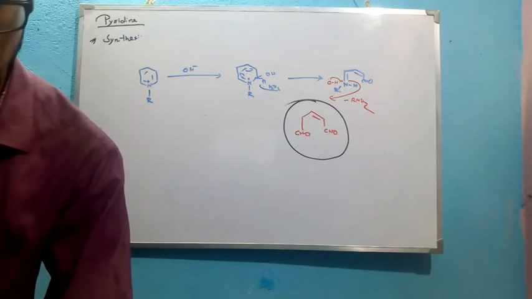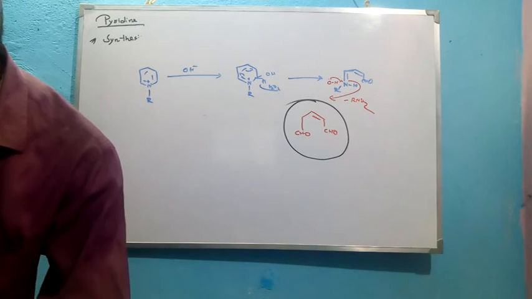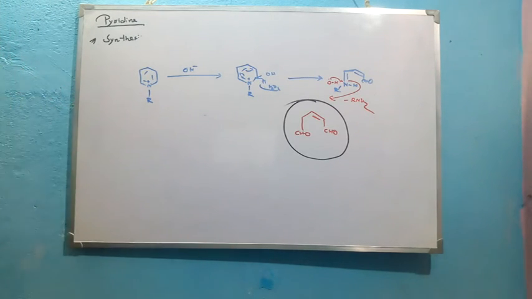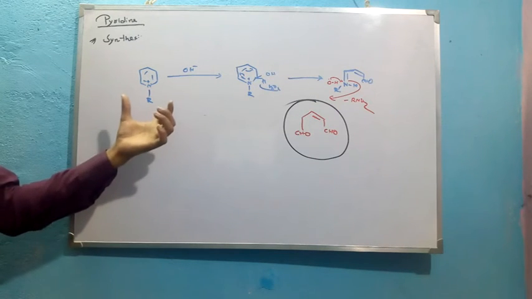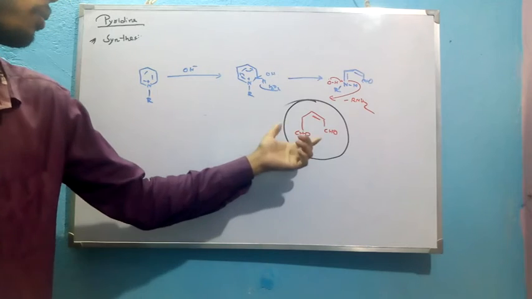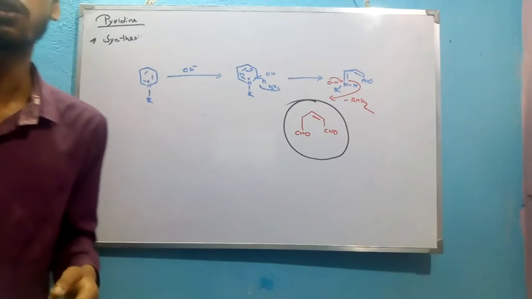As I said, the hydroxyl reacts as a nucleophile and leads to ring opening of the compound, and due to that ring opening there is formation of glutaconic dialdehyde.